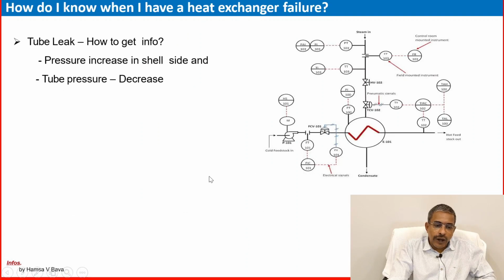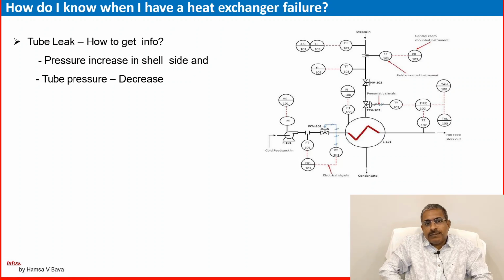Another question: how do I know when I have a heat exchanger failure? Mainly, to understand heat exchanger failure, we look at tube side temperature performance and tube side pressure performance. Tube side means tube inlet and tube outlet.